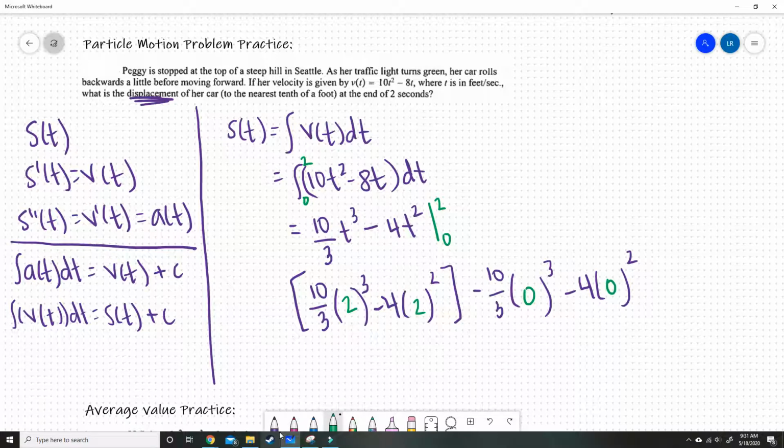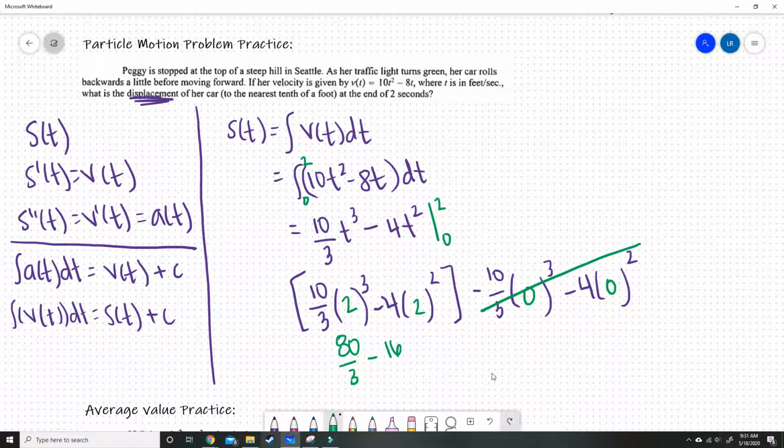Well, this whole piece is just 0. So really all I care about is this piece here. 2 cubed is 8, so I'm going to have 80 thirds minus 2 squared is 4. 4 times 4 is 16.